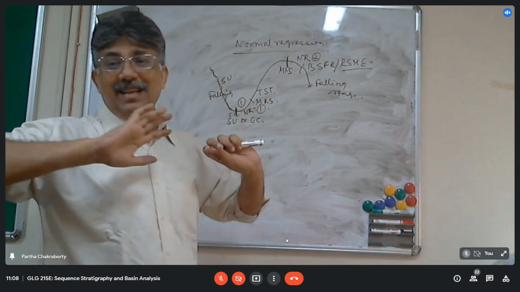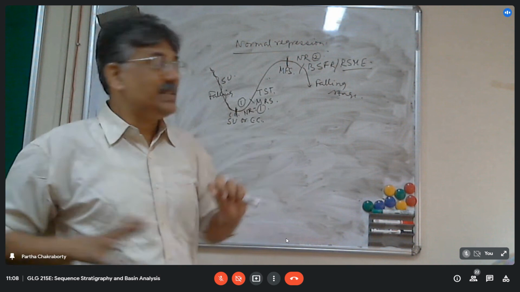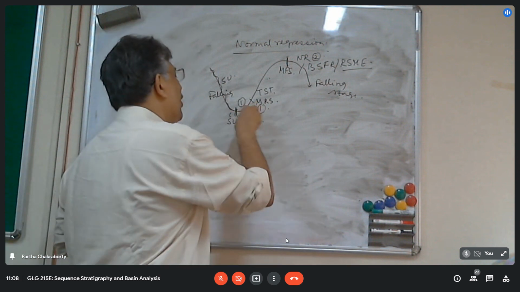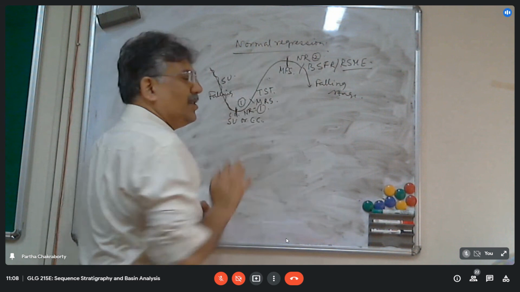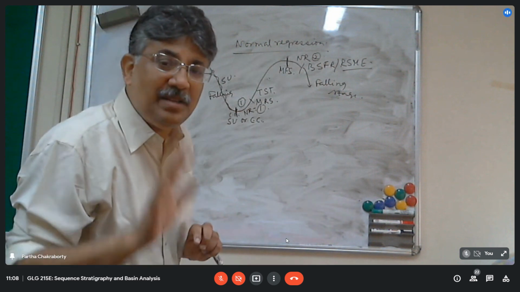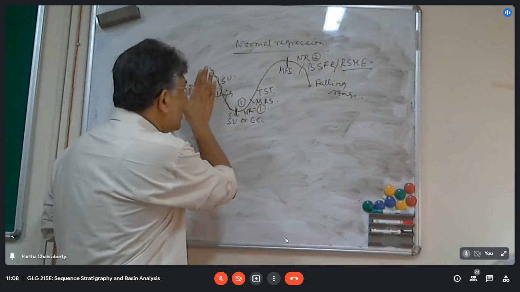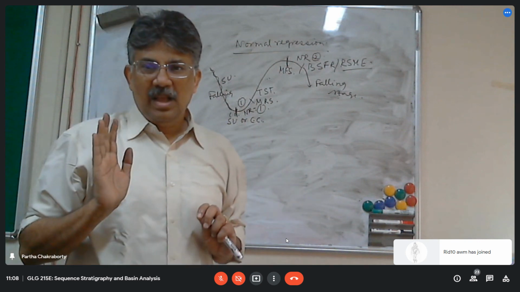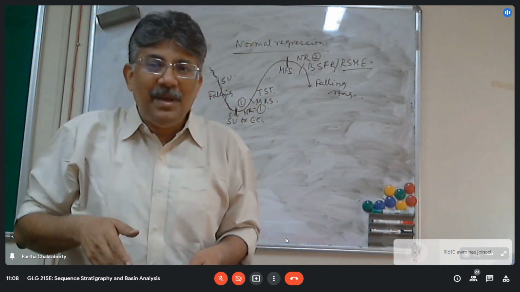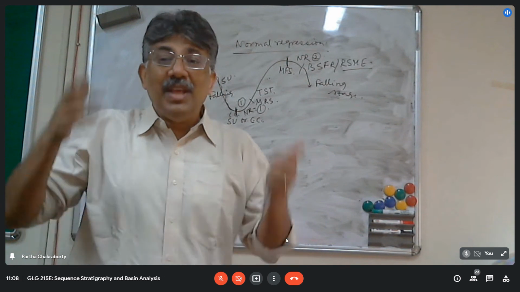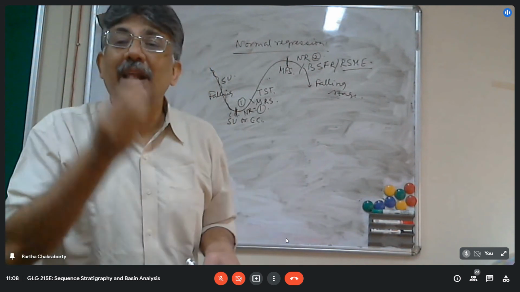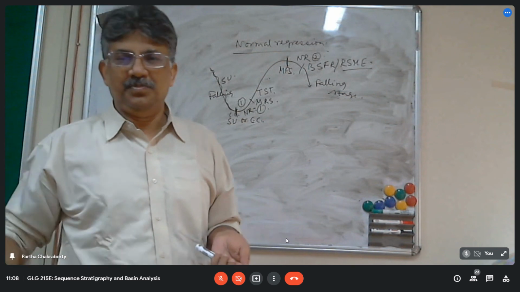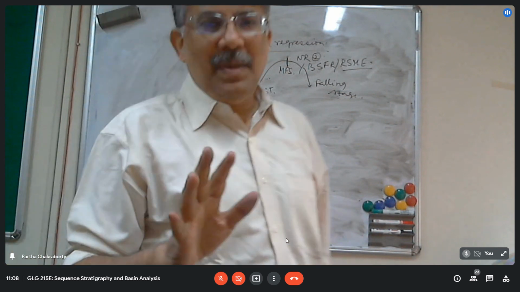Suppose at some place I am not getting the association, so the interpretation of whether I am seeing normal regression 1 or normal regression 2 completely depends on its association: what is underlying it, what is overlying it. If I do not have the underlying and overlying, then how will I know whether I am seeing normal regression 1 or normal regression 2? You got my point?